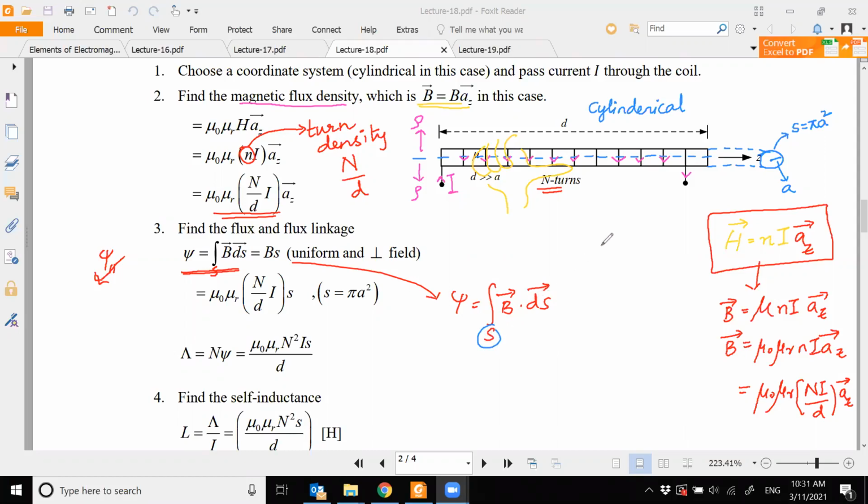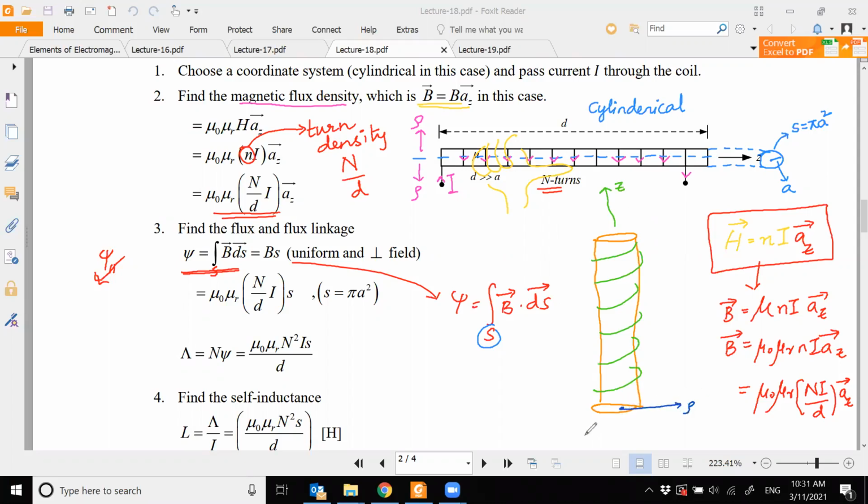Let us see. Okay, let me draw it in this manner. This is your core, and this is your windings. And this is your z-axis, and this is your rho.